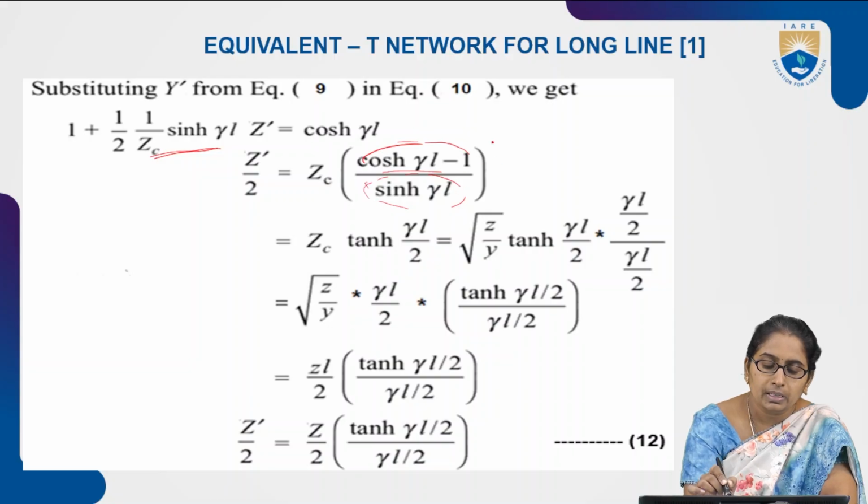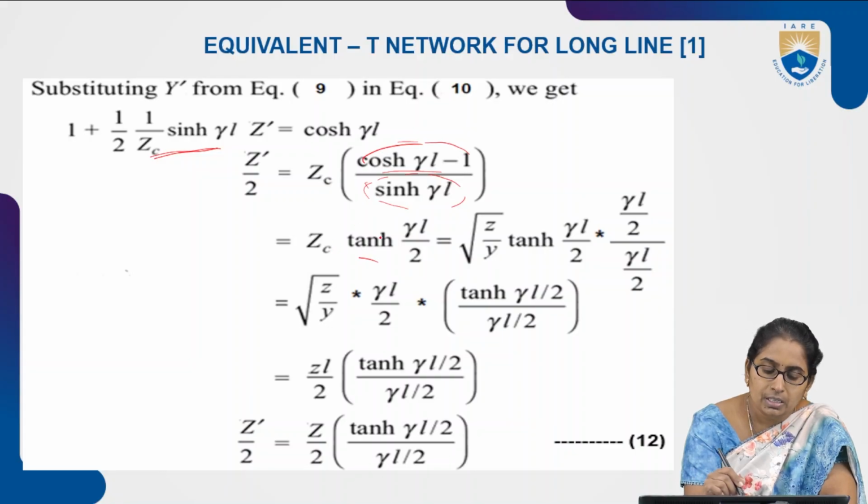Finally, solving this, we get 2 sin square theta in the numerator and 2 sin theta cos theta in the denominator. So sin theta gets cancelled, and finally we get cos theta by sin theta by 2, so tanh theta by 2.